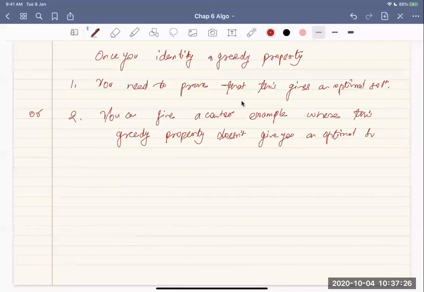Okay, so that's what we will be doing in these lectures. Now once this idea is clear, let me go to another problem.